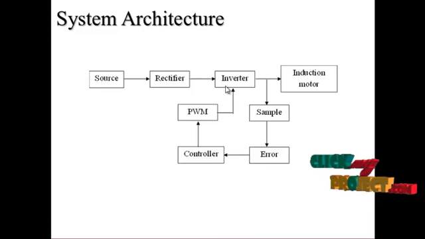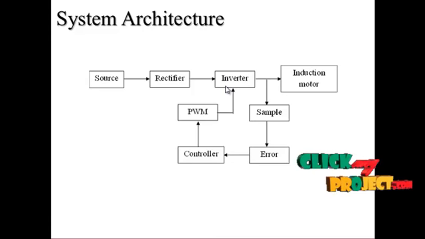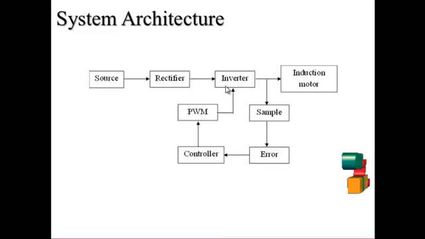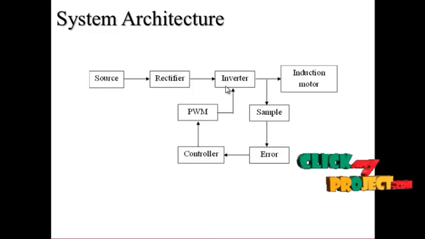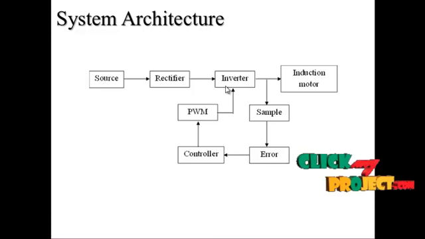The controller used will be the PI controller, and the control will be driven by the error signal from the output samples. The error will be calculated from the output sample and the reference signal, and those samples will be taken from the induction motor. The inverter converts the DC to 3-phase AC, and that 3-phase AC controls the induction motor.